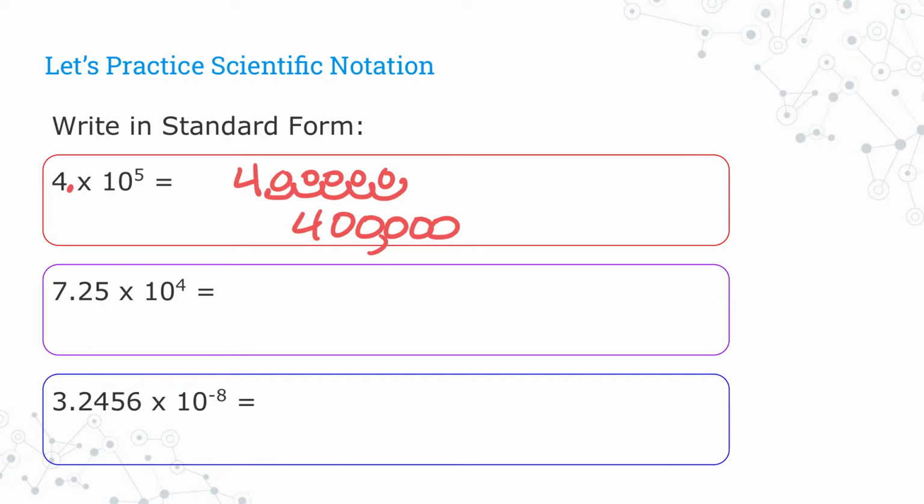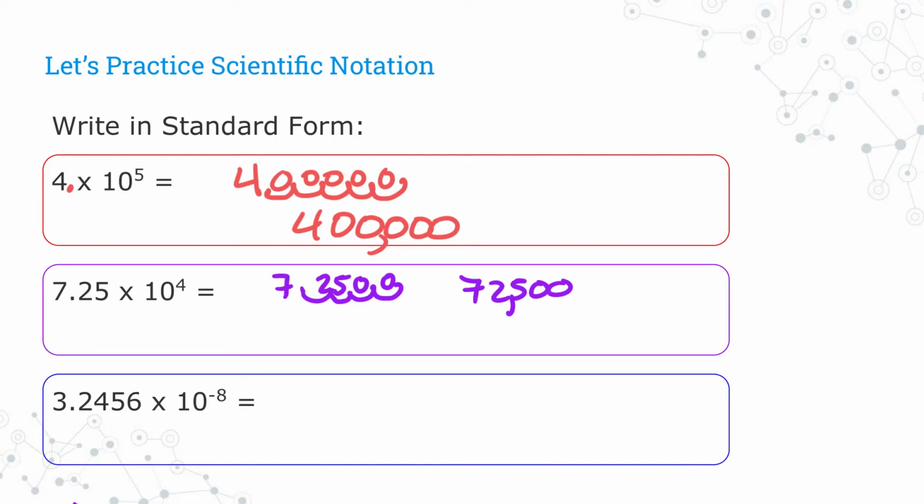The next question is 7.25 times 10 to the 4th. If we start with 7.25, then 1, 2, 3, 4, we have 72,500. So you try this last one, the blue one.